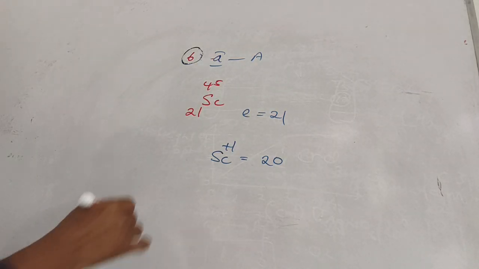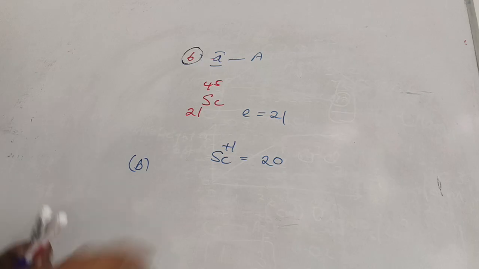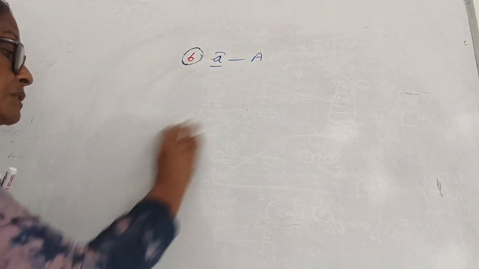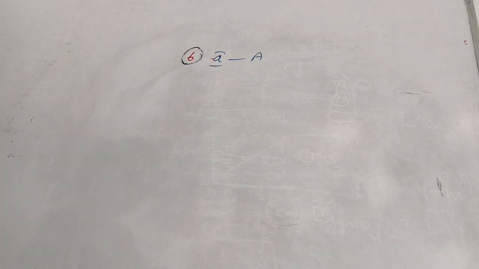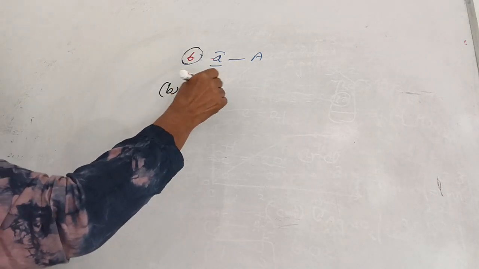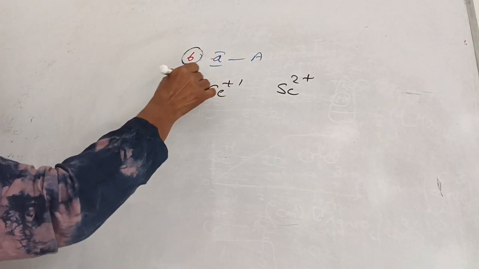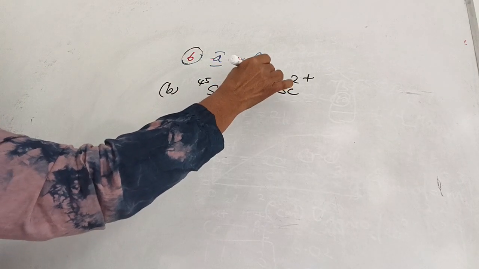6B part, the mass spectrometer. It's asking about the mass spectrometer based on scandium, because it exists as scandium 1 plus as well as scandium 2 plus ions. For scandium 1 plus and scandium 2 plus, the mass number is 45 for both.